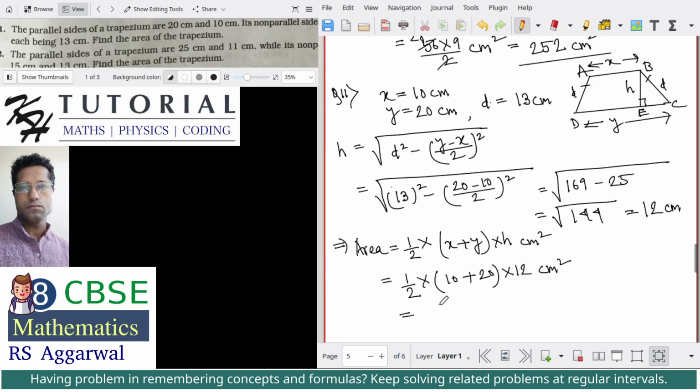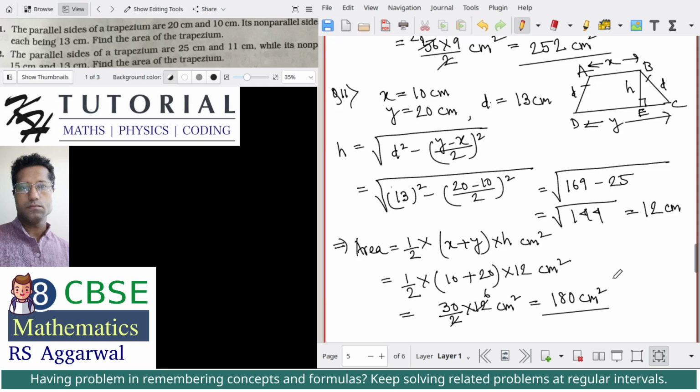This is 30 by 2 multiplied by 12 centimeter square, and this is 180 centimeter square. So the area of the trapezium is 180 centimeter square.